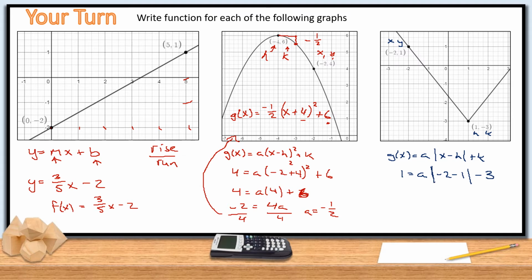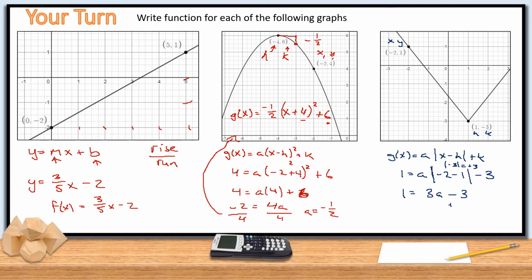All right, so we've got minus 2 minus 1, which is negative 3. But the absolute value of minus 3 is positive 3. So watch out for that. Absolute value will turn to positive. So 1 equals 3 times a minus 3.